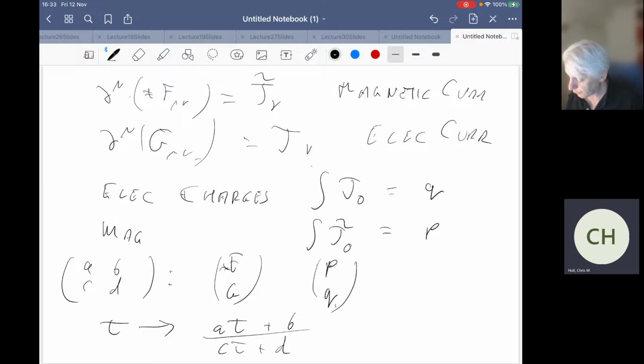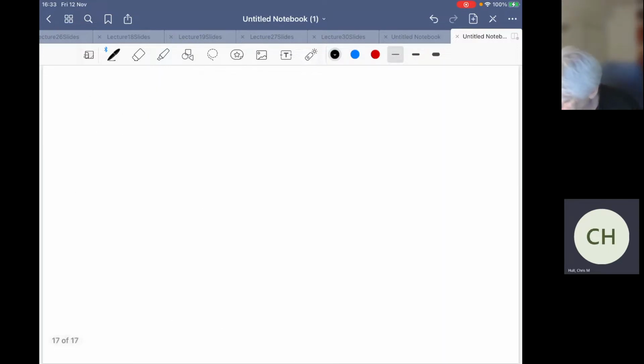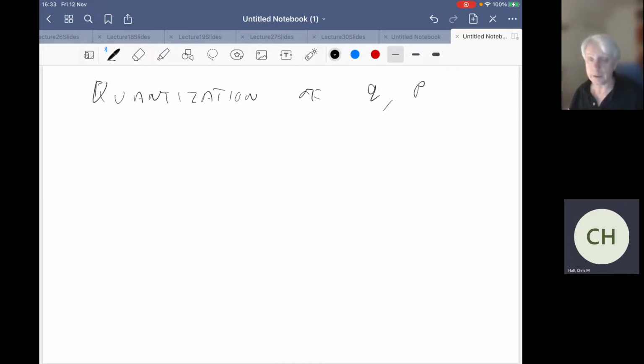So these are the transformations, and now the quantization of Q and P: if the electric and magnetic charges take values in a basic lattice, so that if we choose units, these take integer values, then if we look at Q and P, the only allowed values are integer valued points on the plane.